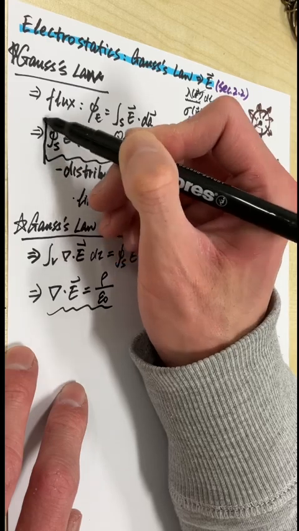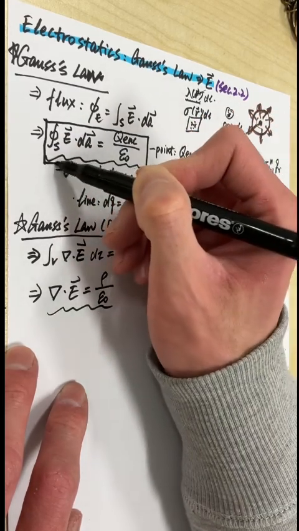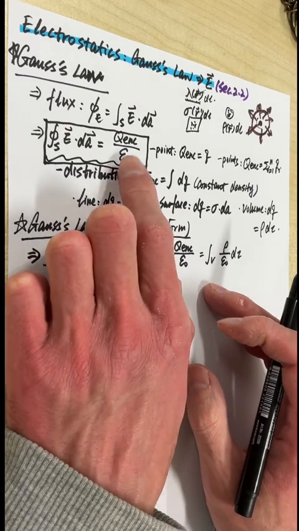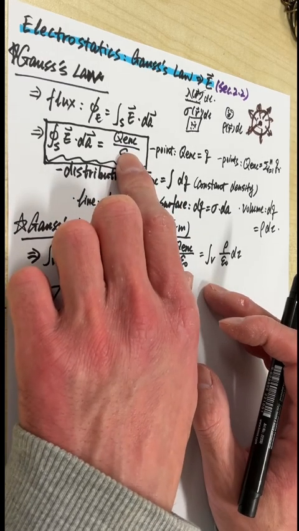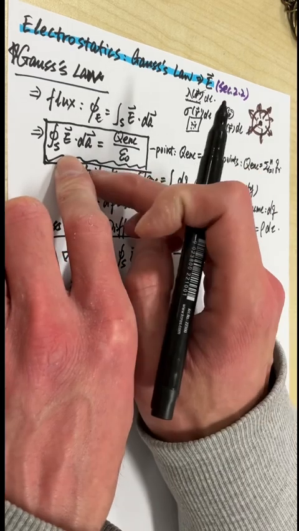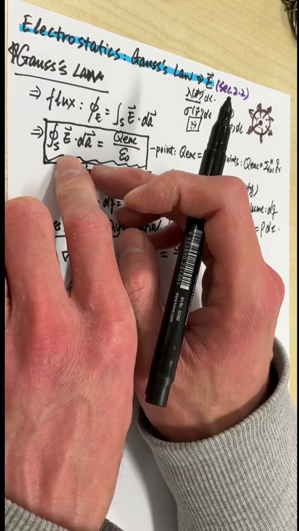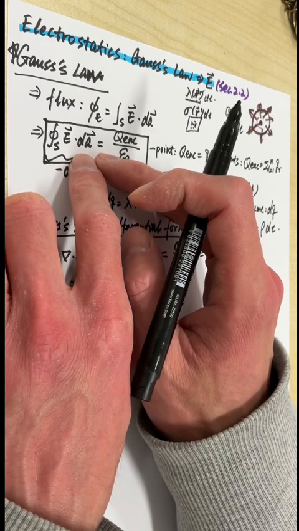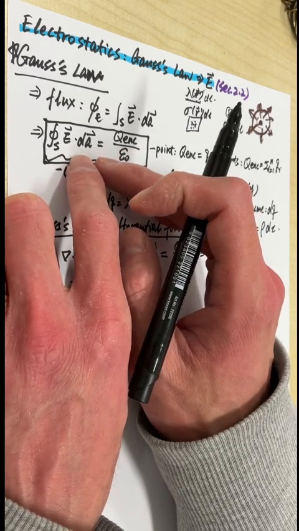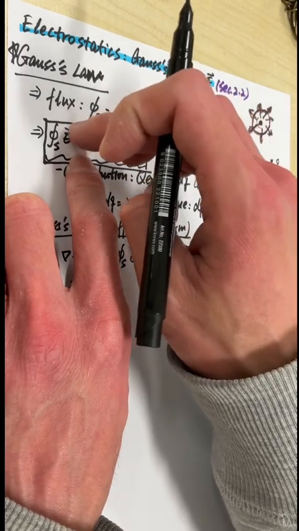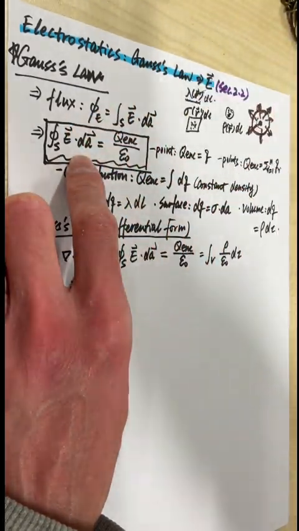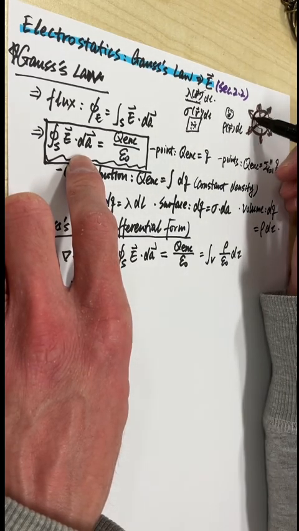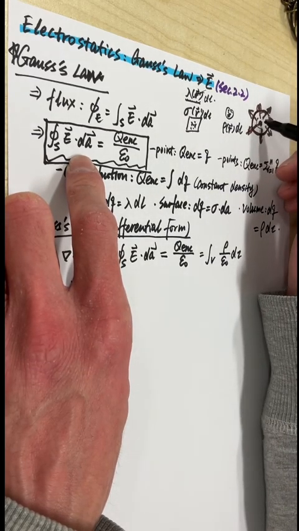And the integral form is actually more useful for us, because if we know the total charge enclosed, this is a constant, and then we need to imagine a surface. So this is a surface integral, right? We need to imagine a surface where the electrical field is uniformly distributed, so it is the same over the surface.